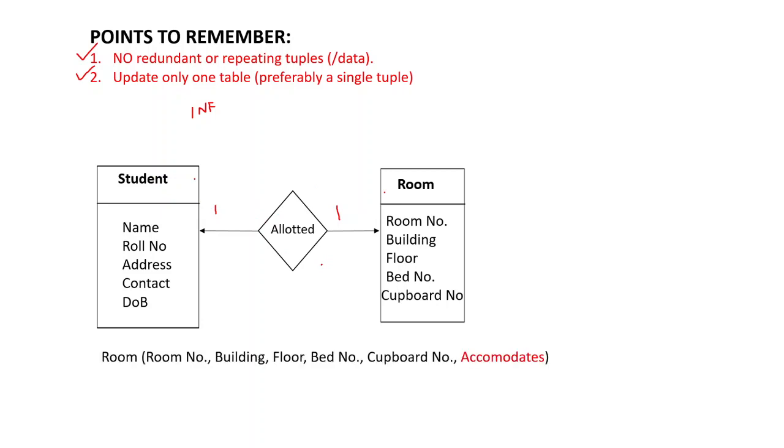Now there can be one option where we add this student ID. In this case we consider that the roll number is the primary key for the entity student, and room number is going to be the primary key for room.